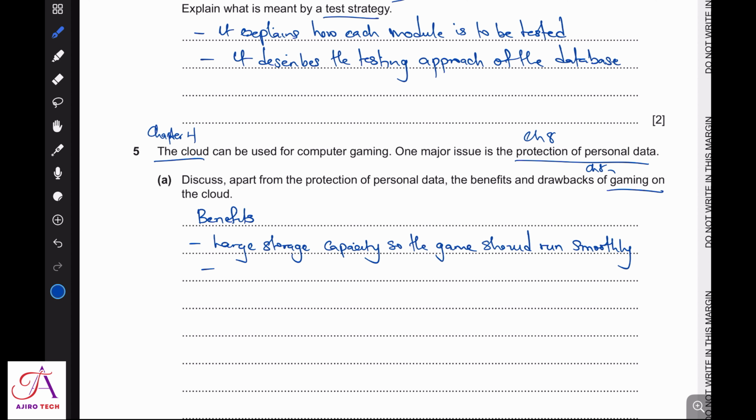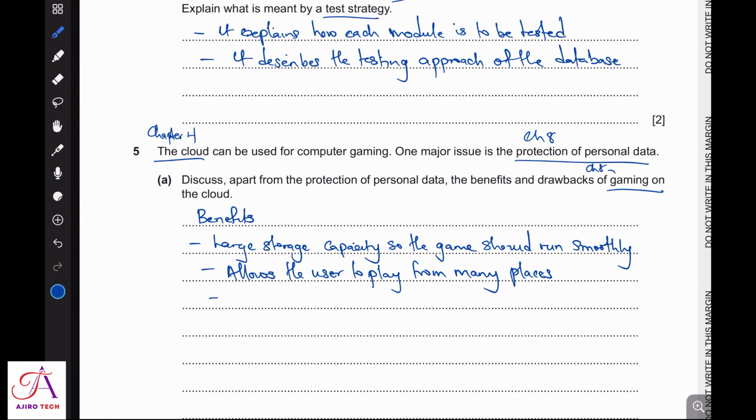The next one is it allows the user to play from many places. So you can be using your iPad and then continue with your iPhone, literally.